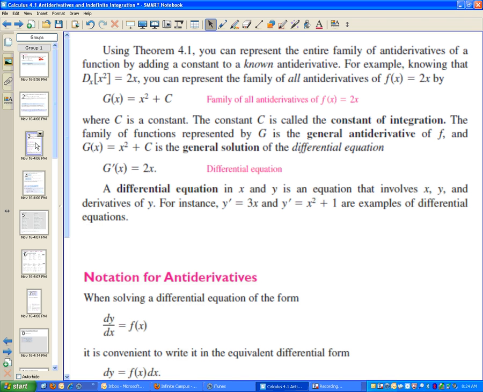The family of functions represented by G is the general, so here's why they used a G, the general antiderivative of f. And capital G of x equals x squared plus c is the general solution of the differential equation capital G prime of x equals 2x.